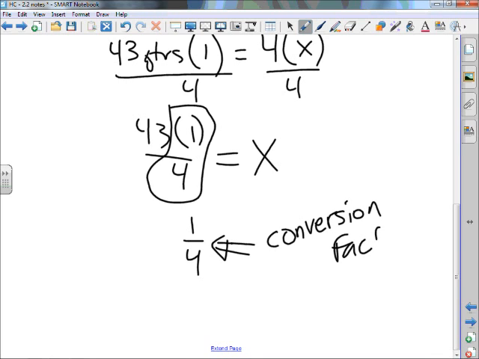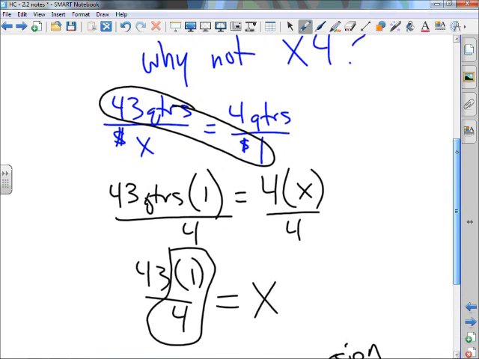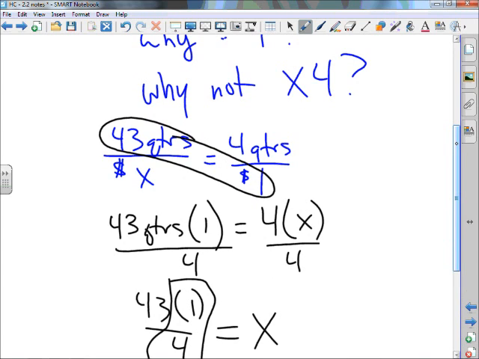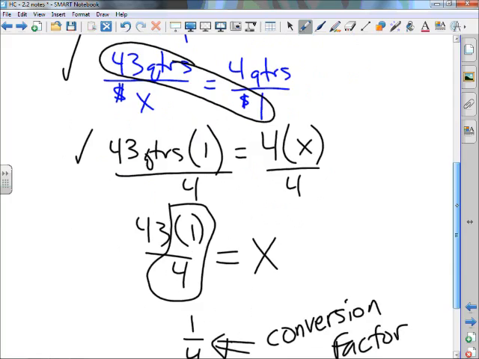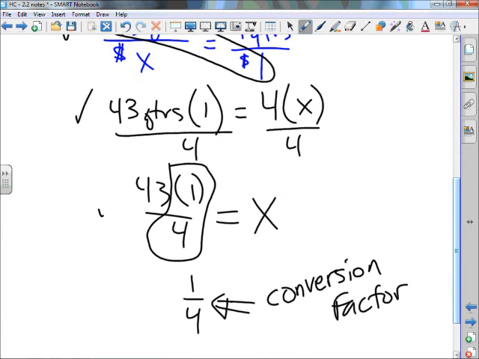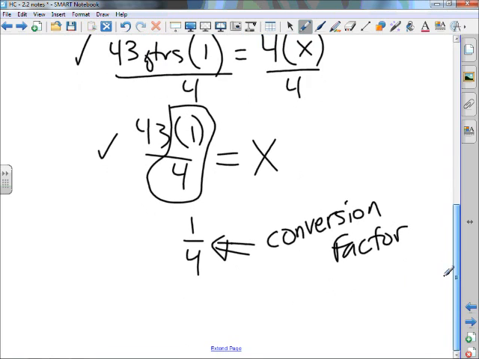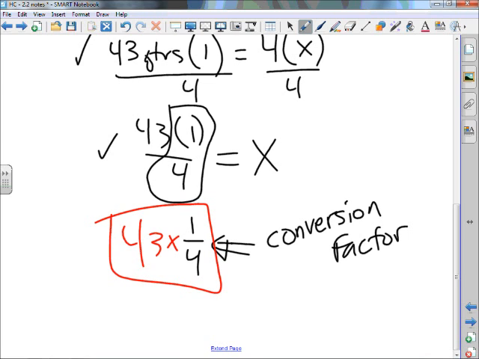That is a conversion factor. So instead of going through and setting up an entire proportion here and then cross multiplying and dividing, collecting terms, and finally solving for x, all we're going to do is say 43 times 1/4, there's our answer.